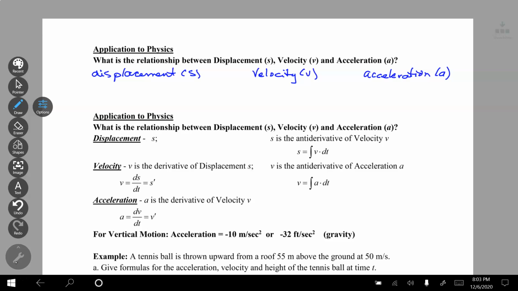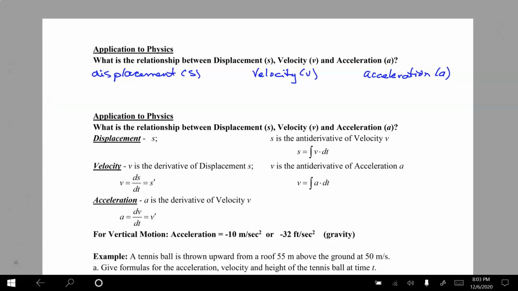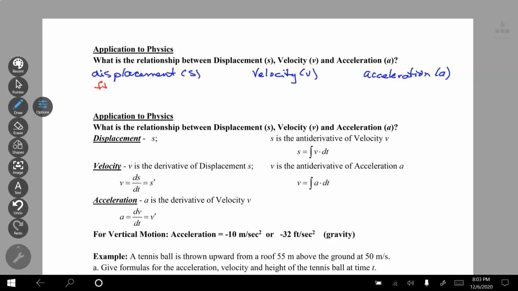So we're going to apply what we've learned to a physics class. You may not realize this, but in physics class, displacement, we use letter S. That's usually measured in feet or meters or a linear unit.